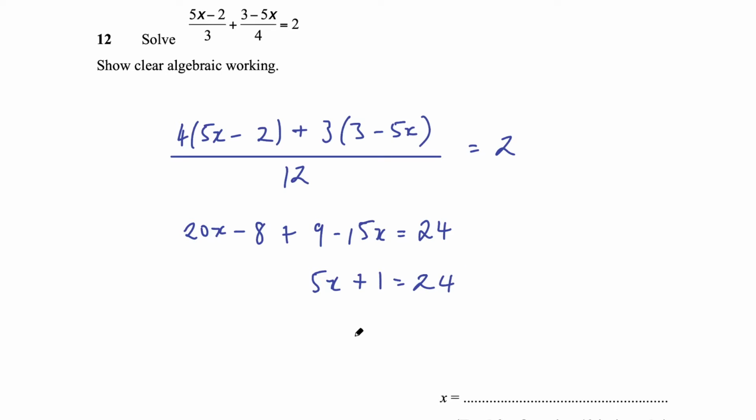Subtract that 1 from the right hand side, we'll have 5x equal to 23, and then the last final step is to divide by 5, so x will equal 23 divided by 5 for your final answer there. And you can also give that as a decimal if you like. Now, usually I would suggest going back to the original equation and double checking, so inserting that 23 on 5 into the original equation.